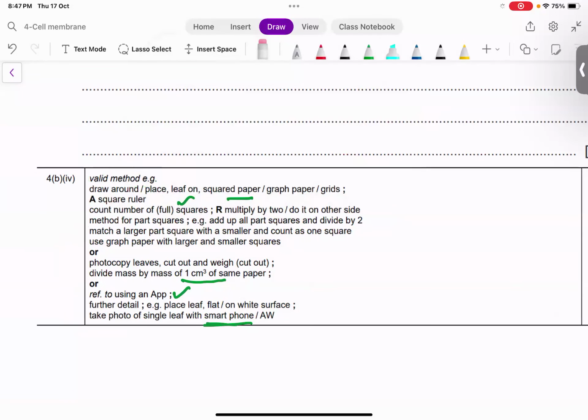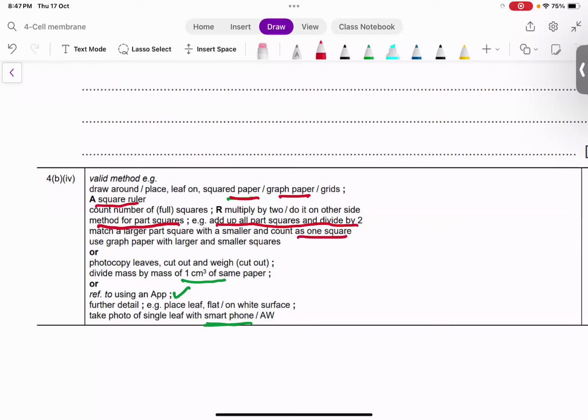Let's see. Draw around a placed leaf on square paper or graph paper. Accept square ruler, count number of squares, and method of part squares. Add up all part squares and divide by 2. Match a larger part square with a smaller and count as one square.